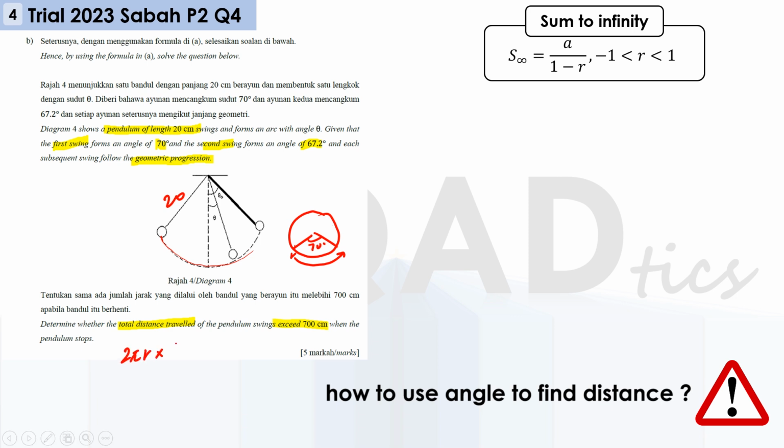Then I'm going to include the part that I want, which is 70, divided by the angle of the whole circle, which is 360 degrees. Then I can find my distance traveled using this formula.